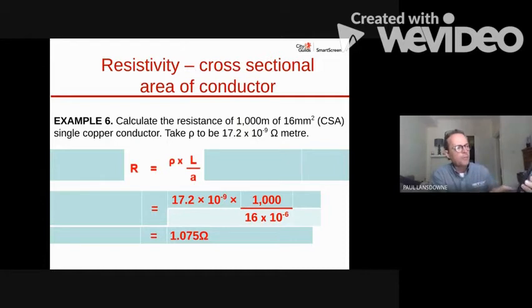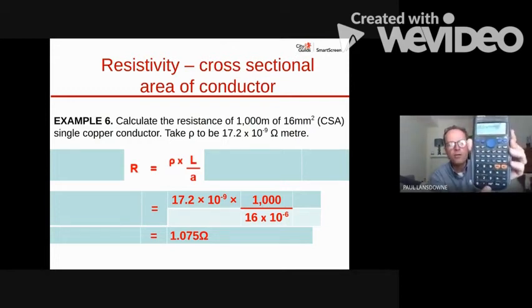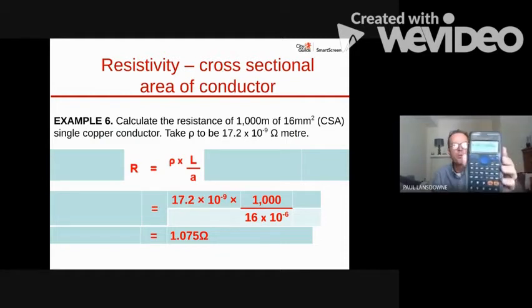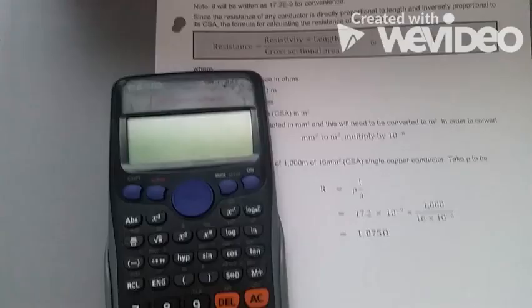Hit the times button, and we use our lovely fraction button, where it goes over the top, so we have a top and a bottom. In the top, I'll put 1,000 meters. Then underneath I'll type 16, and once again I'll use that exponent button and type in minus 6. So I've put all those details into the calculator, and I hit the equals button, and hopefully from the result, we get that.